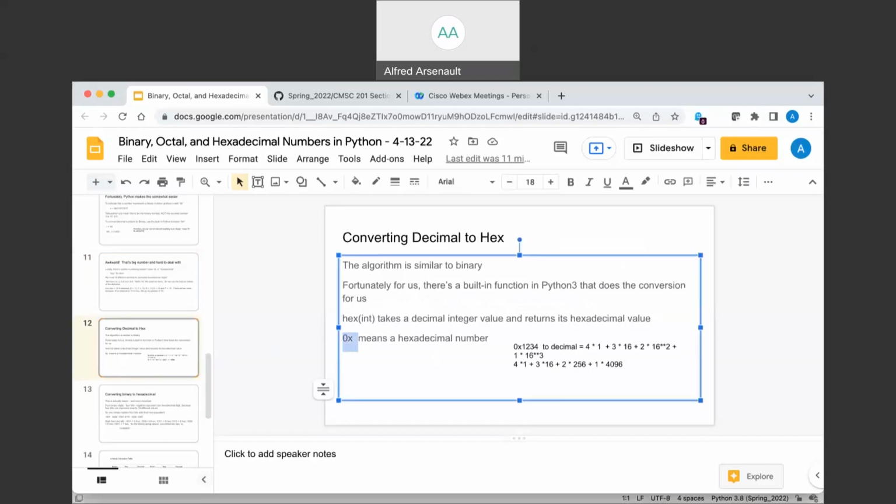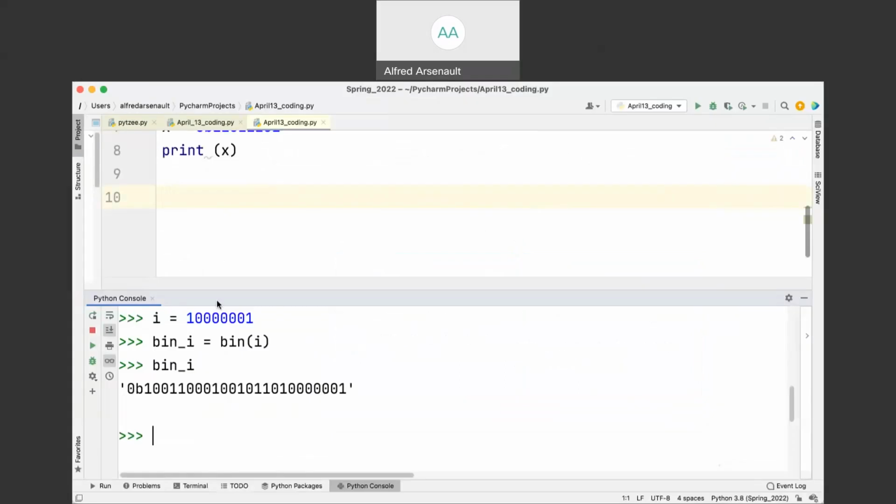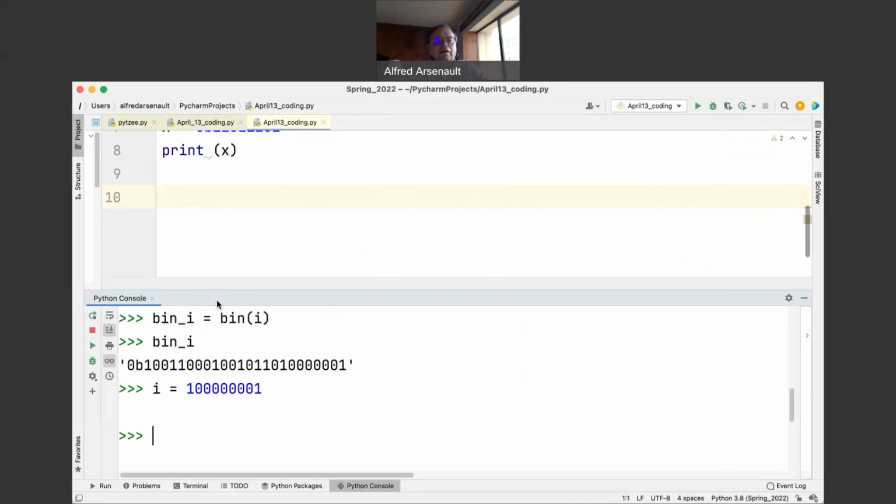So let's go back to PyCharm. Let's take a large decimal number. I equals, once again, 10,001,234,567. Now, let's say hex_i equals the built-in function hex, to convert to hexadecimal.